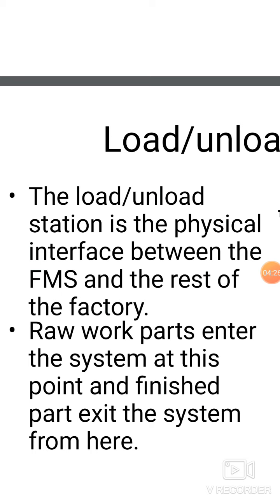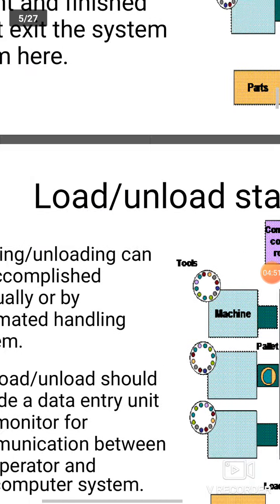So all materials are brought to the factory, and raw materials and raw work parts enter the system at this point, where the finished parts also exit the system. Loading and unloading can be accomplished either manually or by an automatic handling system. So here see the picture.